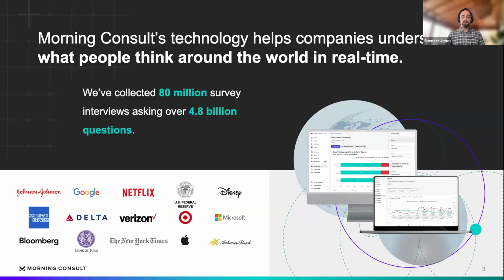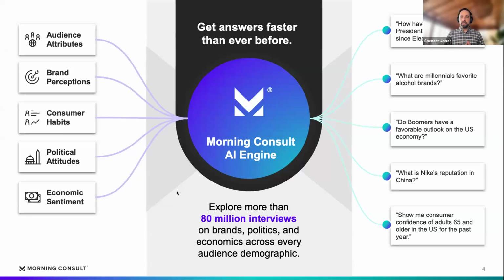And it's a global tool. Again, we have clients of ours working on a global scale, understanding their brand at a global level. So really excited to be showing you all this tool today. And from here, I'm going to be passing it over to Jeff to walk us through some more advanced use cases in the tool.